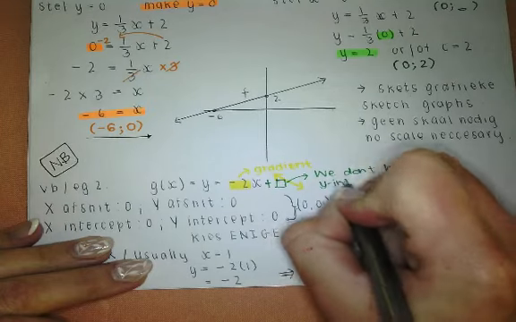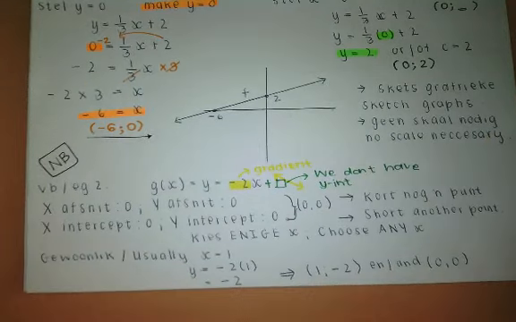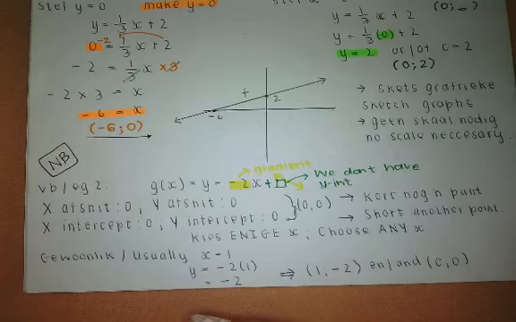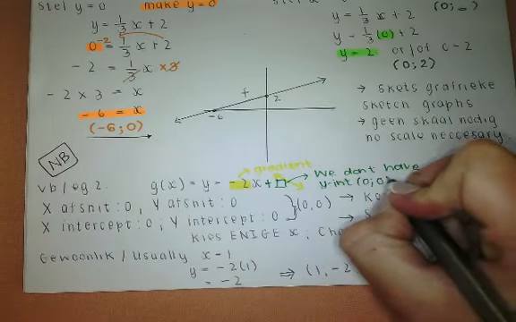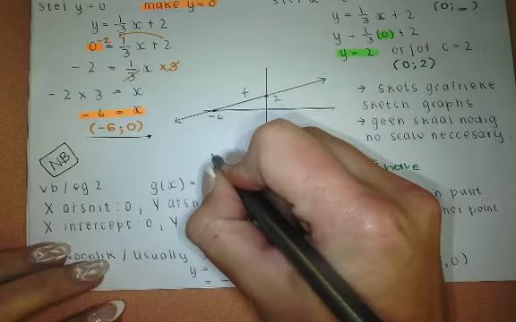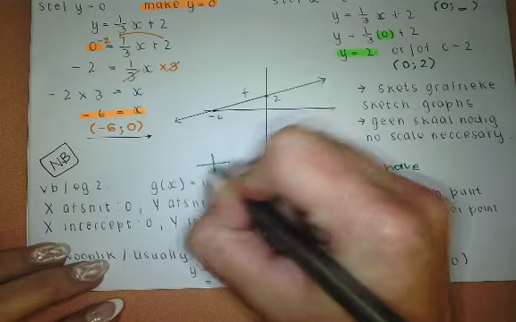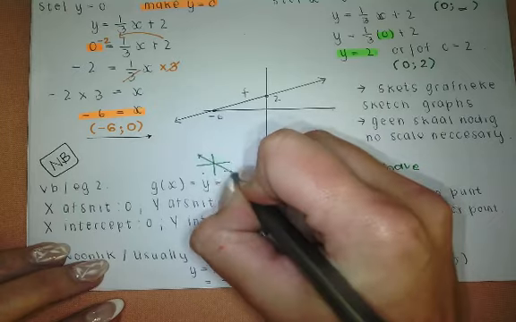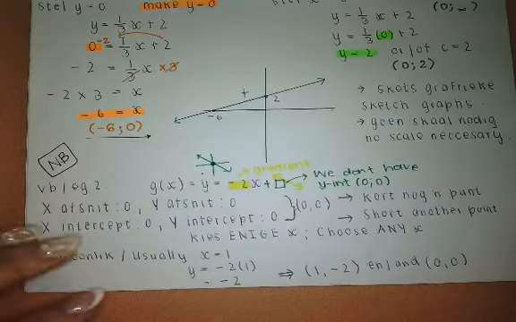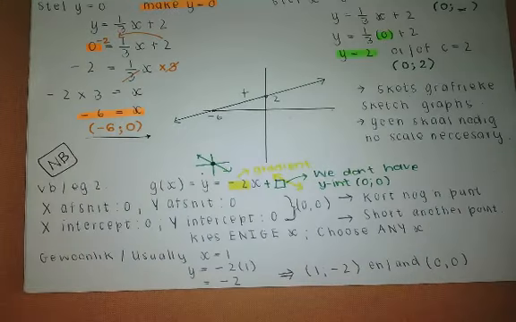This is telling me that my straight line graph is going to cut through the origin. If we look at the Cartesian plane, it's going to cut through here, going that way. Do you see how it cuts here? It's 0 and 0.